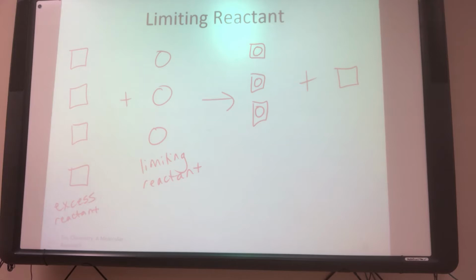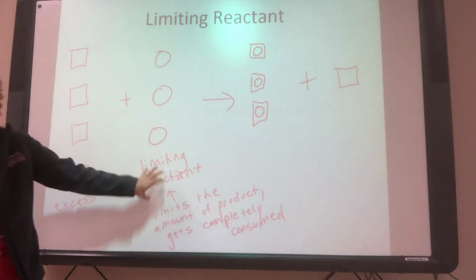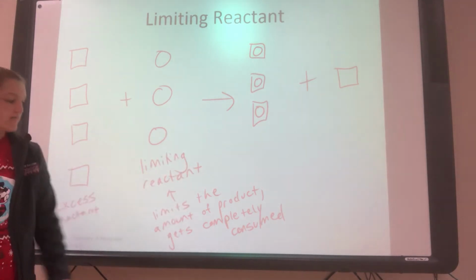So the limiting reactant limits the amount of product and gets completely consumed. We didn't have any slices of cheese left over. All of my slices of cheese went to product.